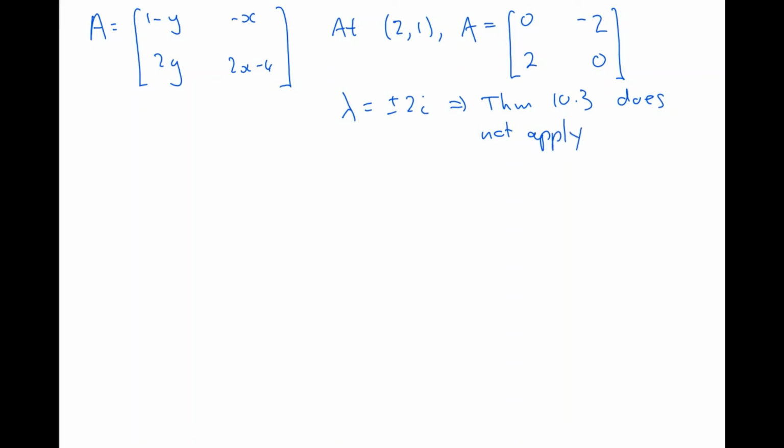The linearized system, I know what the phase portrait looks like for the linearized system. It's a center. And the fixed point would be stable. But because the theorem doesn't apply, I cannot conclude anything about the phase portrait near the fixed point for the nonlinear system.